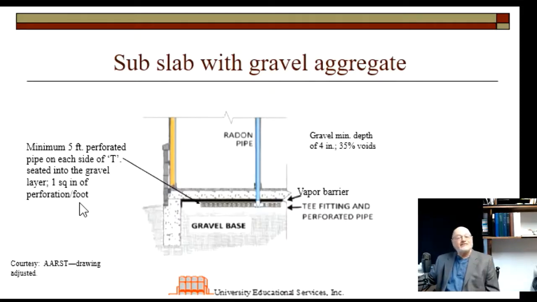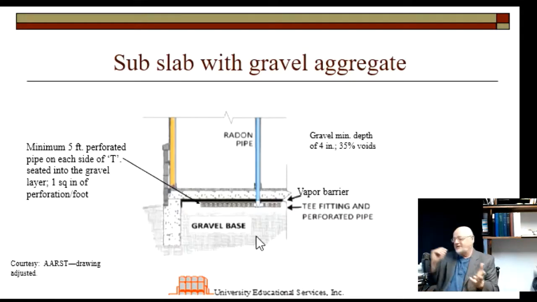Anyway, it's easy enough to check. So you have the vapor barrier, and then you have the plastic pipe that goes up here through the roof. So I think if you look at this, it doesn't look like we're adding a lot. We're adding the T and the 5 feet of perforated pipe on either side of the T, and the exhaust pipe, and that's it.